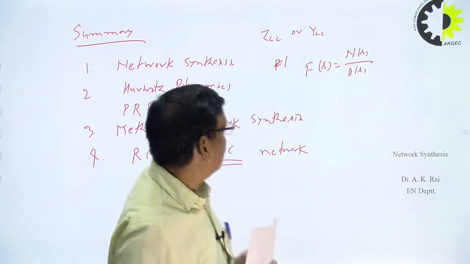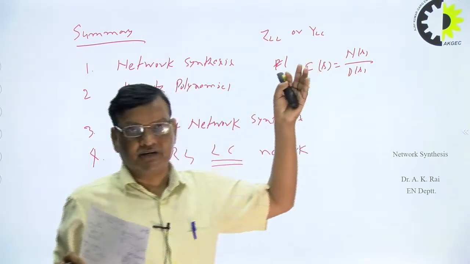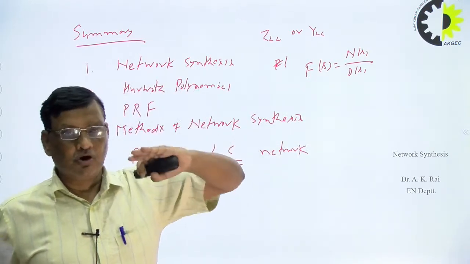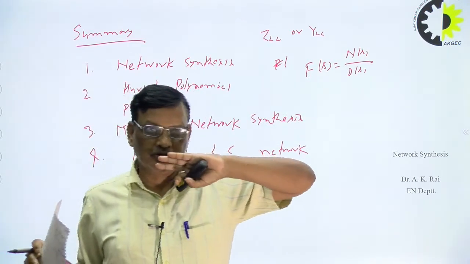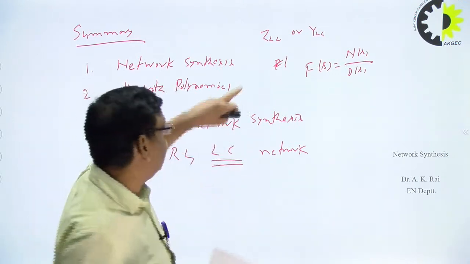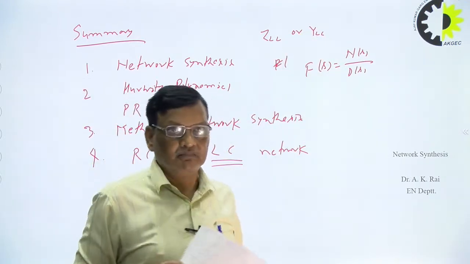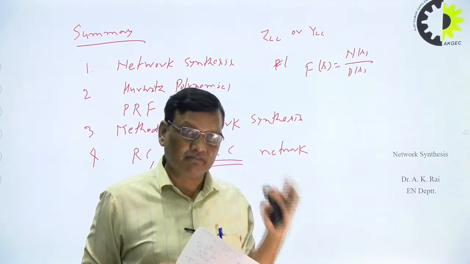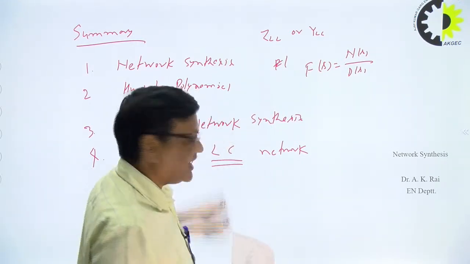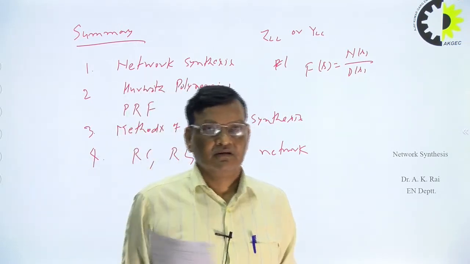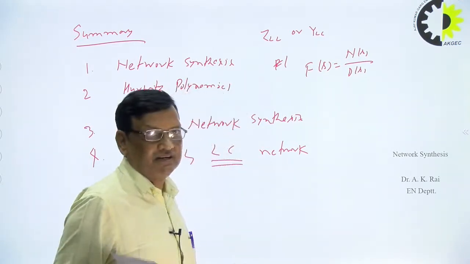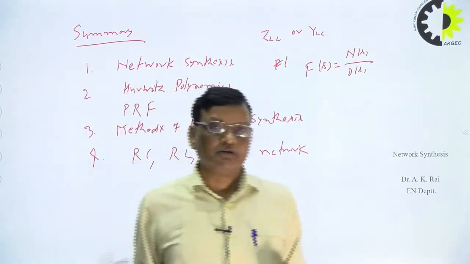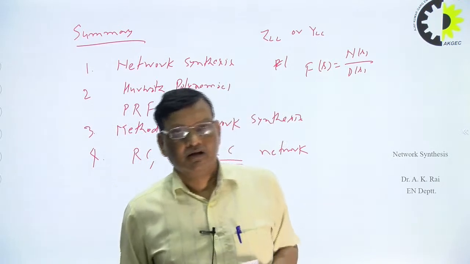In the property, ZLC and YLC are the ratio of even to odd or odd to even polynomials. We cannot distinguish whether the given F(s) is impedance or admittance. We can take it as impedance or admittance for the same function, whereas for RC and RL we can easily differentiate on the basis of the properties. So this is all about network synthesis.